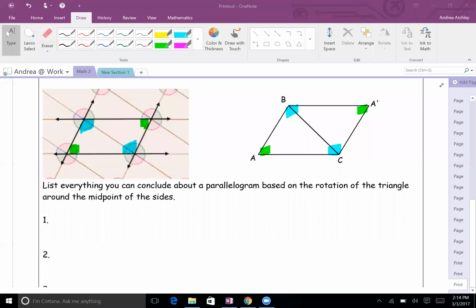Congruent. Okay, since my triangle is rotated around that midpoint, this triangle rotated over here, so this side is congruent to this side. That makes BA congruent to A prime C, and BA prime congruent to AC. So we need to write down: opposite sides are congruent.